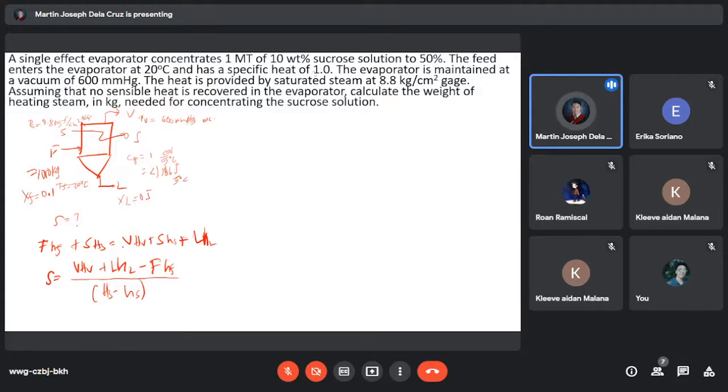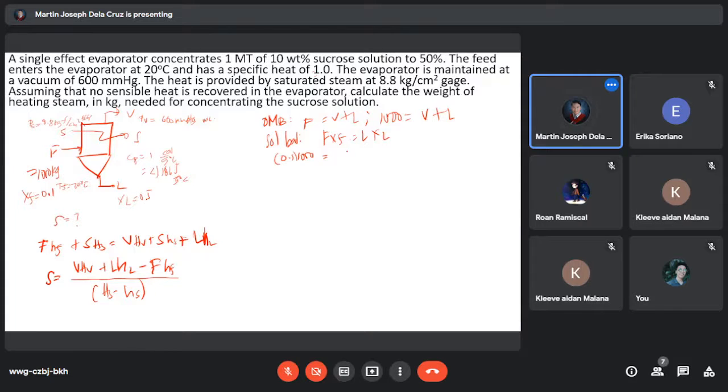So, we'll now get your unang-una makukuha natin yung L and V. So, we have your OMB, equal to F is equal to V plus L. So, we'll be having 1,000 equal to V plus L. And then solute balance, F XF is equal to your L XL. So we'll be having 1,000, XF natin is 0.1.